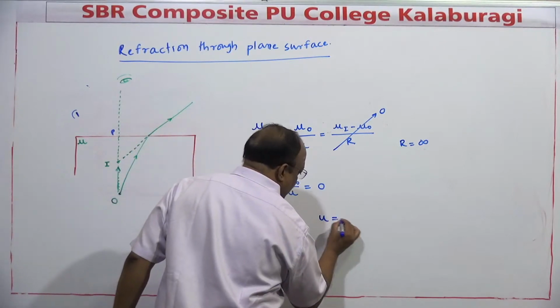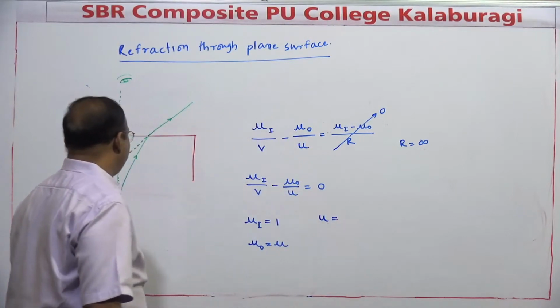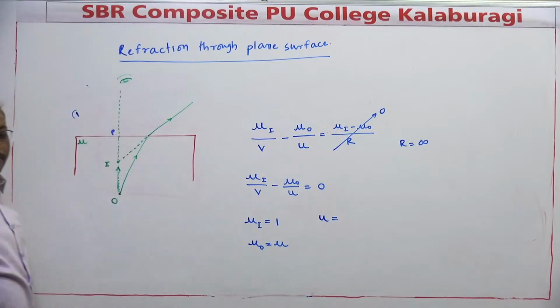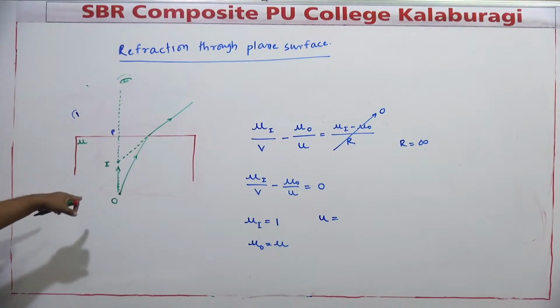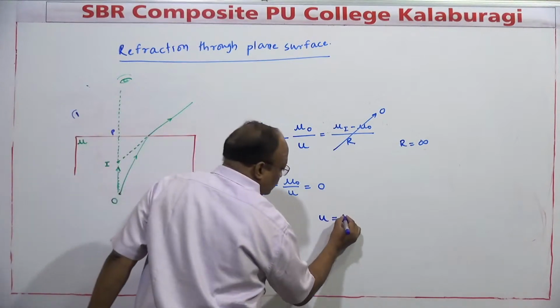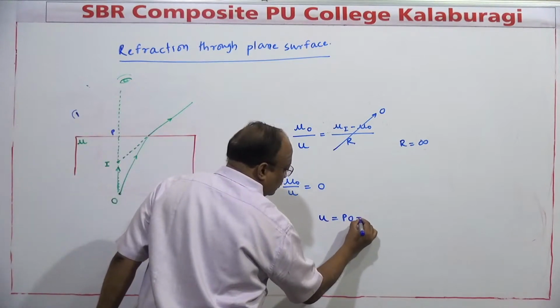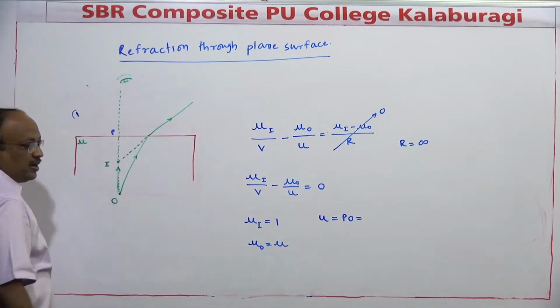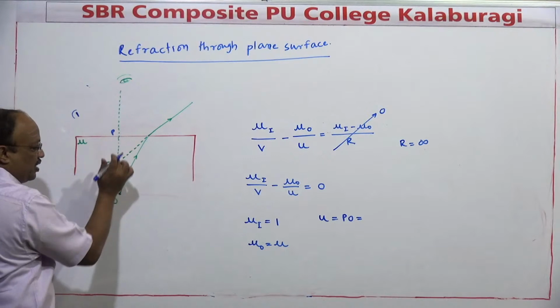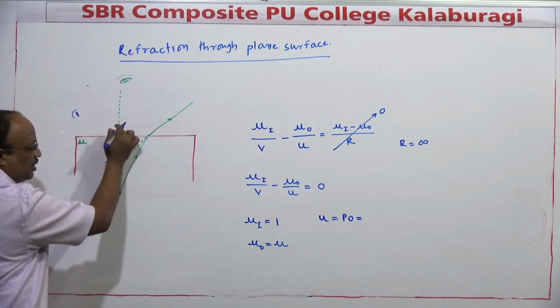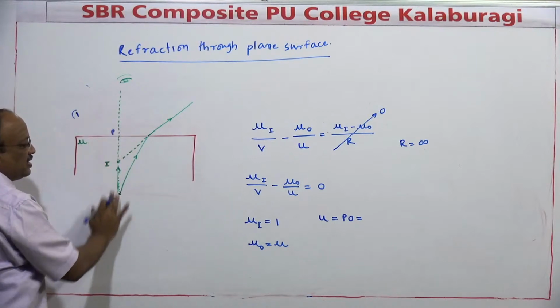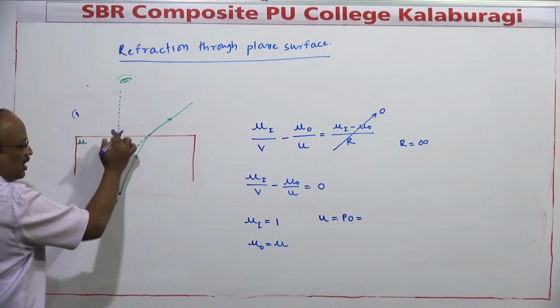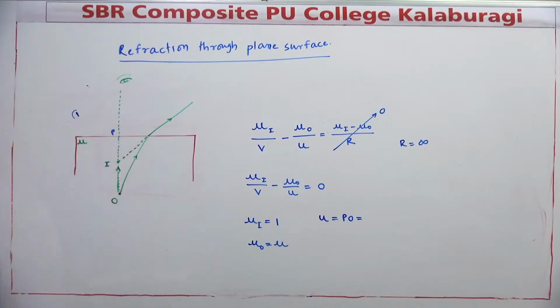U is equal to PO. We have to measure it from P to this, opposite to the incident ray.